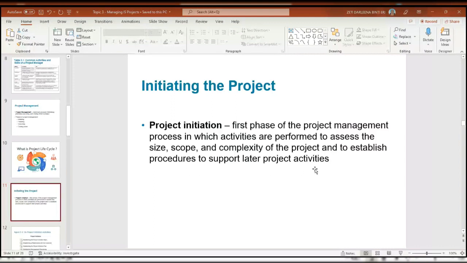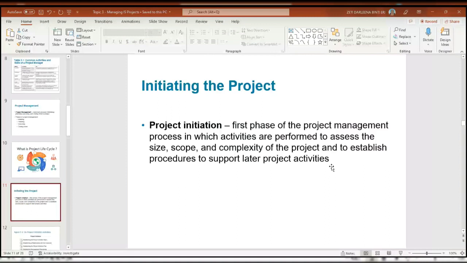So that is project initiation. Okay. So it will look at and evaluate how big the system is, how detailed the system is going to be, what scope they have to focus on, how complex it's going to be, who's involved.